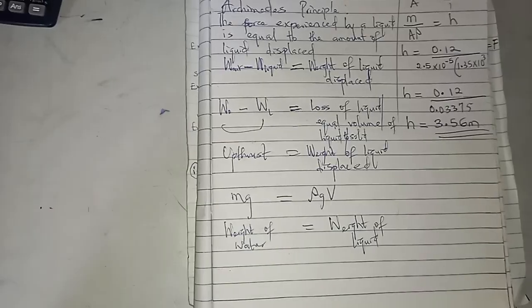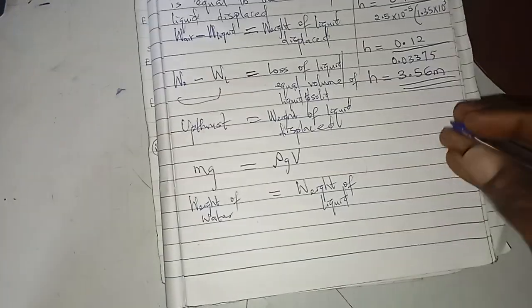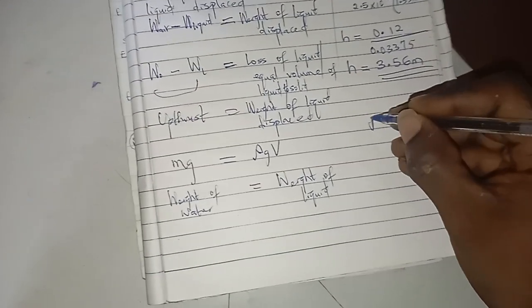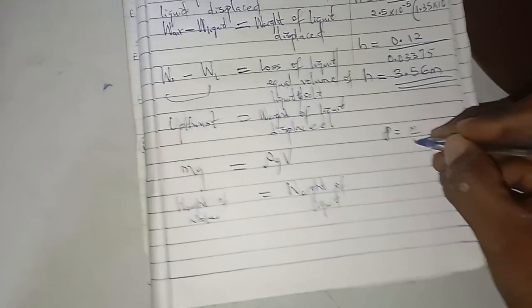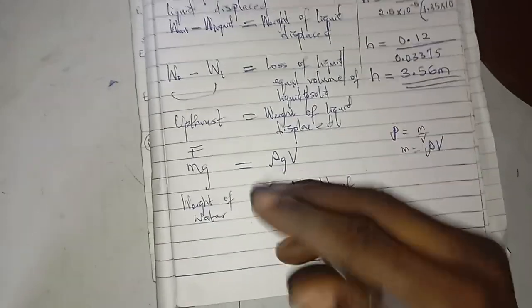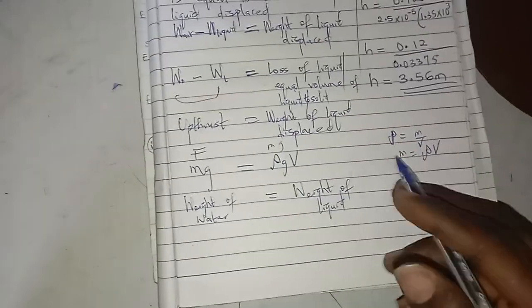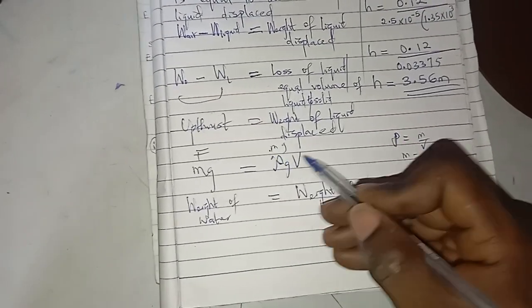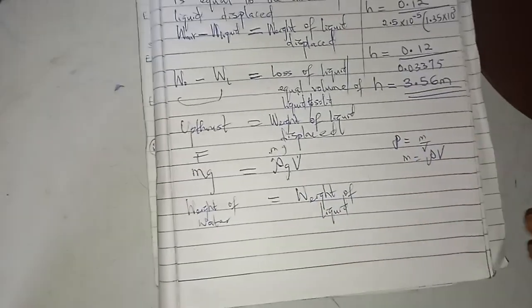There are so many ways you can think about this. This one that you have here is simply gotten from density equals mass over volume. And you know that mass is the same thing as saying rho V. And since force is equal to mg, if you put m as density and V, then the g that is here. So a different way. But let's complete the question.